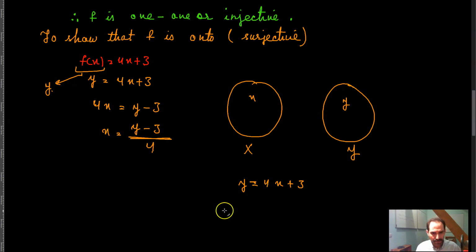Now if I write x is equal to (y minus 3) divided by 4, what that means is that every x that I can find in this set is equal to some y that I can find in this set, subtract the 3 from that, and then divide the whole thing by 4.